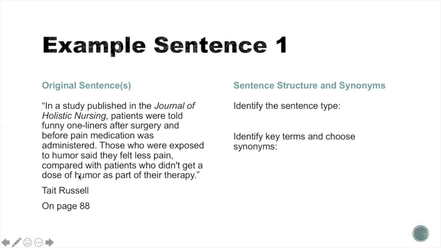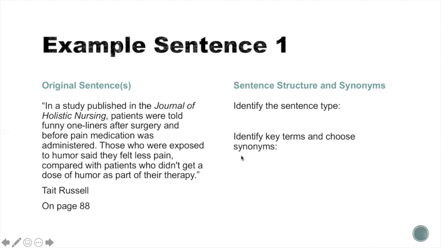You might pick out some of these words that you think are important to the sentence and try to list synonyms. So instead of saying in a study published in the Journal of Holistic Nursing, there may be a different way to kind of introduce the source, right? Maybe the Journal of Holistic Nursing explains, right? We might do that instead.